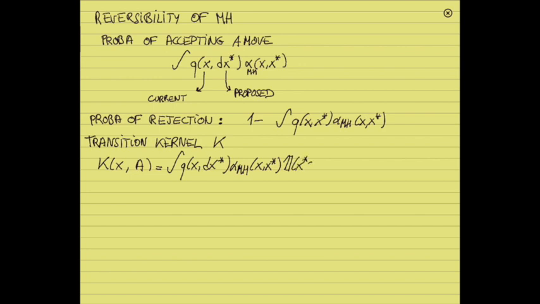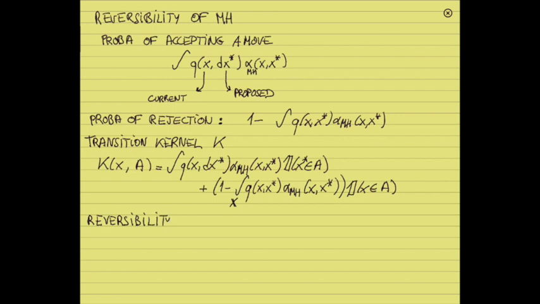So an integral with respect to the proposal of the acceptance probability and the indicator that the proposed point is in A. And then there's another component, which is if the proposed point is rejected, so if we're in the case of a rejection, then we could still visit A if the previous state was in A, because the next state will be equal to the previous state.